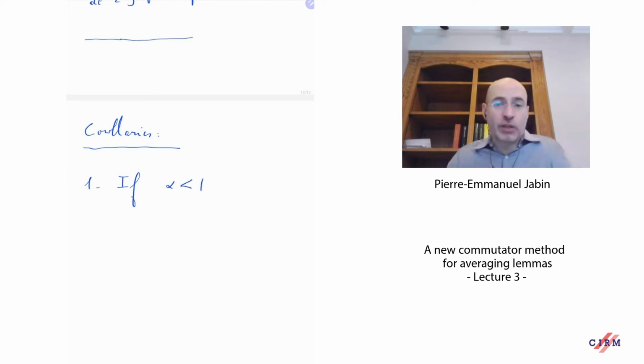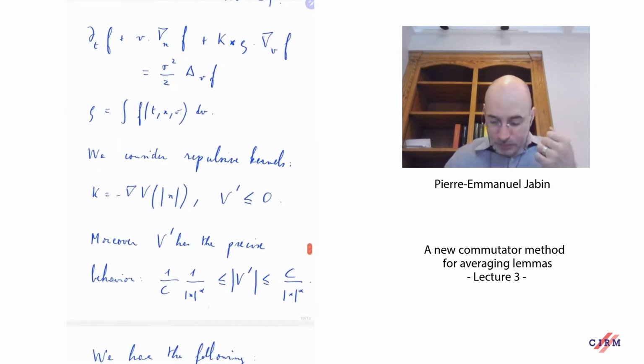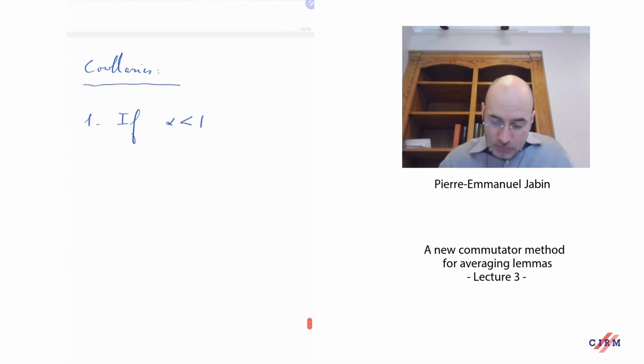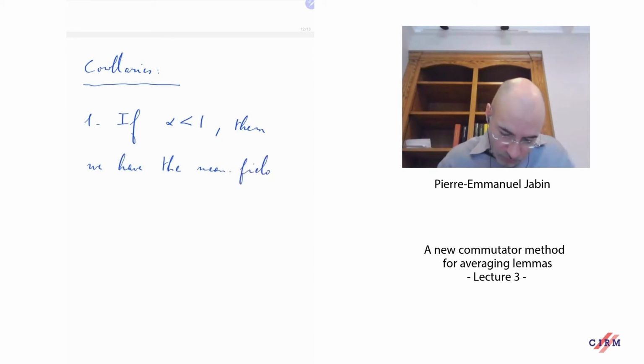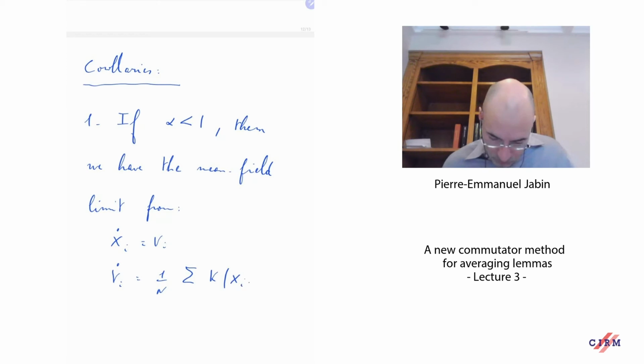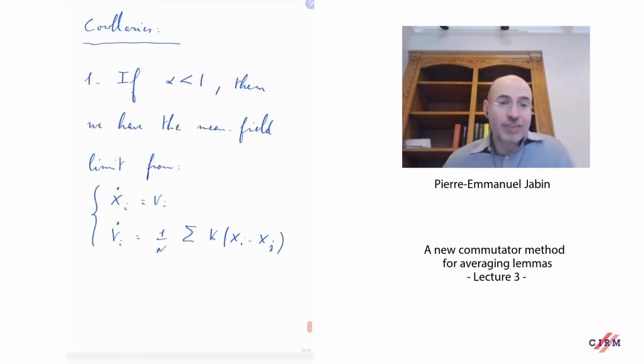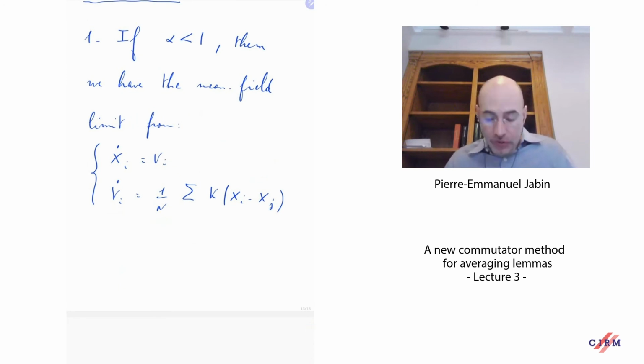If alpha is strictly less than 1, so remember alpha, 1 over x to the alpha is the behavior of the force term, then we have the mean field limit from the system of particles to the Vlasov equation, with essentially zero condition on the initial data.